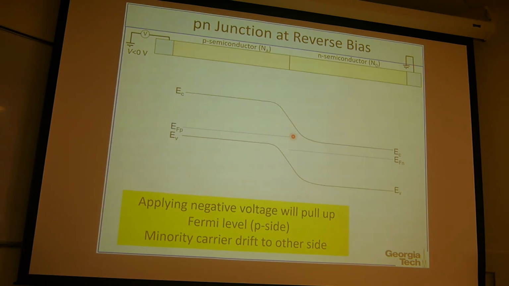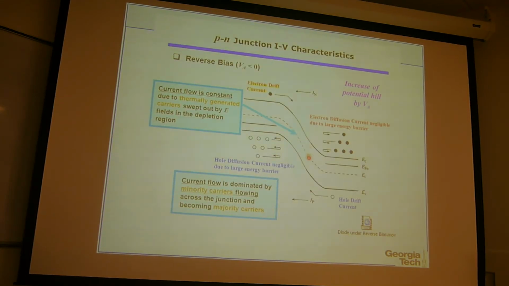Forward bias lowers it. Now with reverse bias, this barrier increases. So then, what will happen? Let's look at this. This is reverse bias. Now you see this EFP is higher than EFN because we said negative voltage moves up the band, the Fermi level will increase. So that means this barrier height here increases.